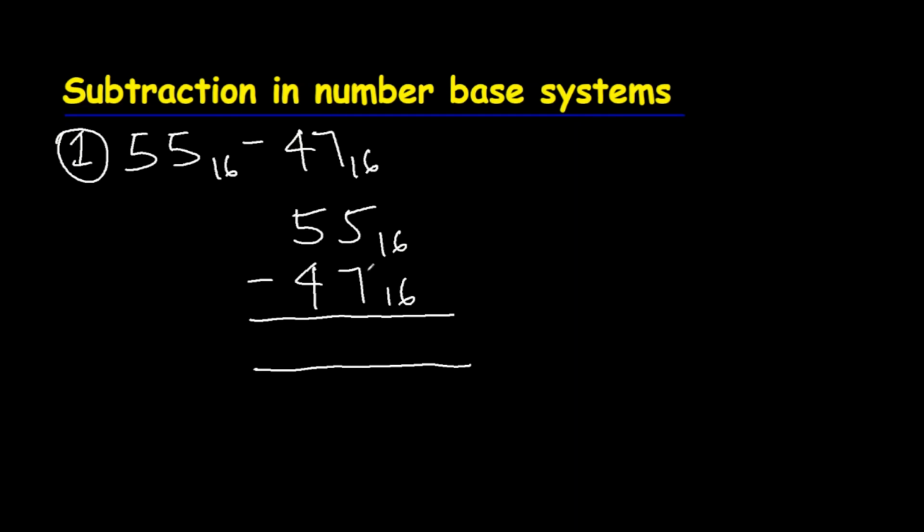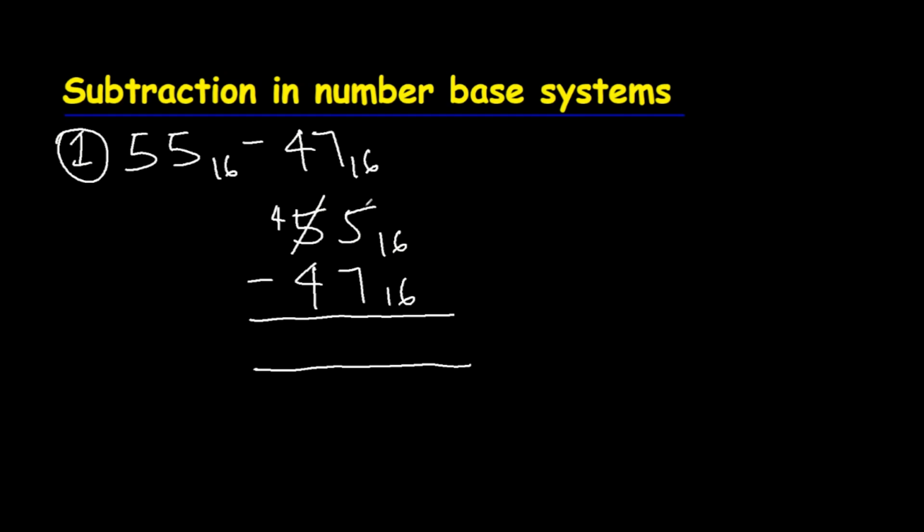So 5 minus 7 cannot go, right? Because 7 is greater than 5. So we move over to the next side. So from this side, we can borrow 1 from this 5. So we cancel 5. Here remains 4. We borrow 1 to this 5 here.